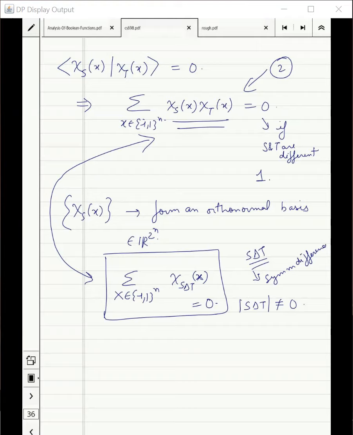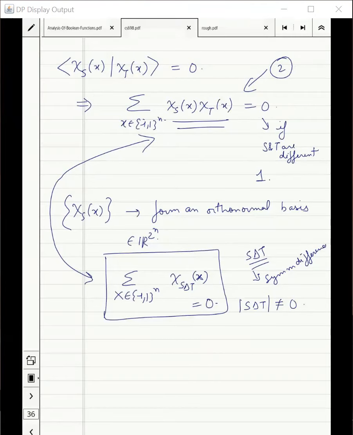Here we have some kind of an independence. If one variable occurs in S, then it doesn't occur in T. So we could take all the values of -1 and +1, keeping the other variables the same, and then we would have 0.